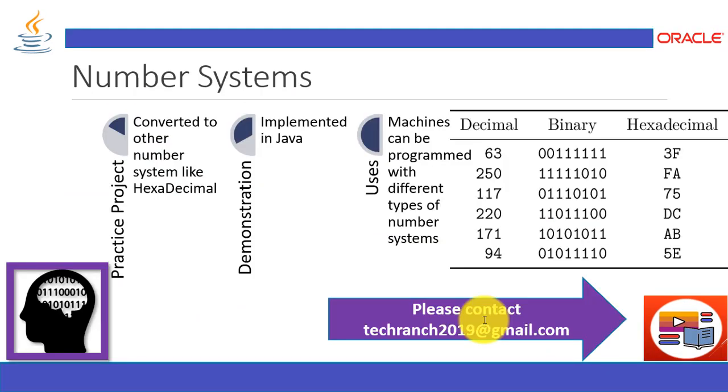So we have seen number system conversions from binary to decimal and decimal to binary with live demonstration. Now for a practice project, you can convert other types of number systems like hexadecimal, octal and many more, implemented in Java, or you can practice your control statements and array variables and array implementation. These types of number systems are used to program various machines.